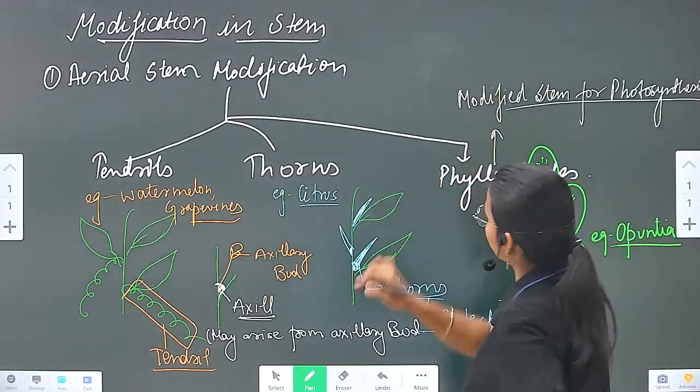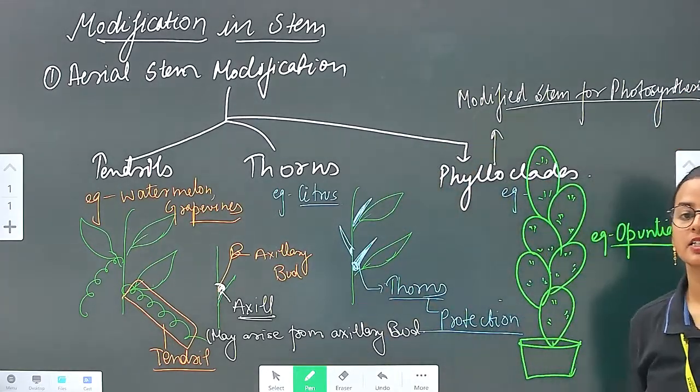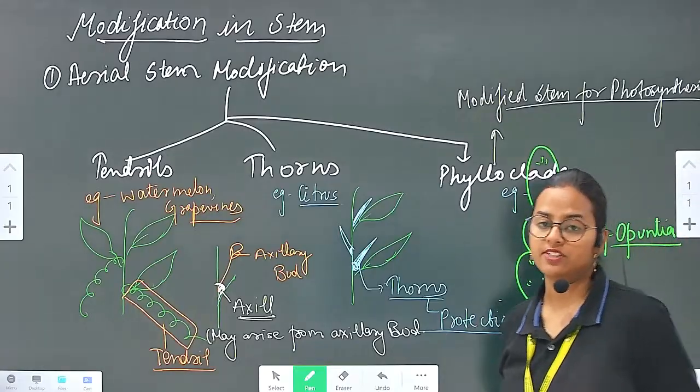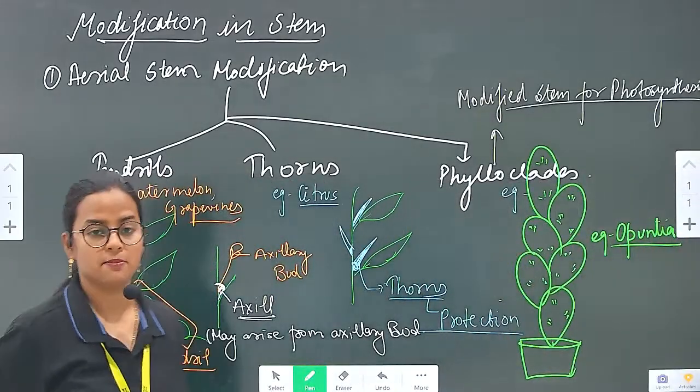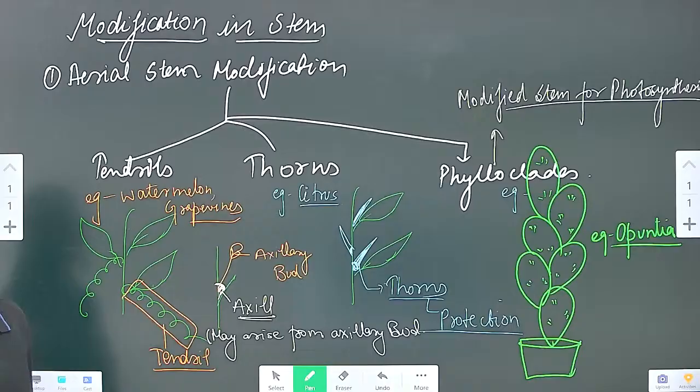Is that clear? So these are the three modifications of stem in aerial form.